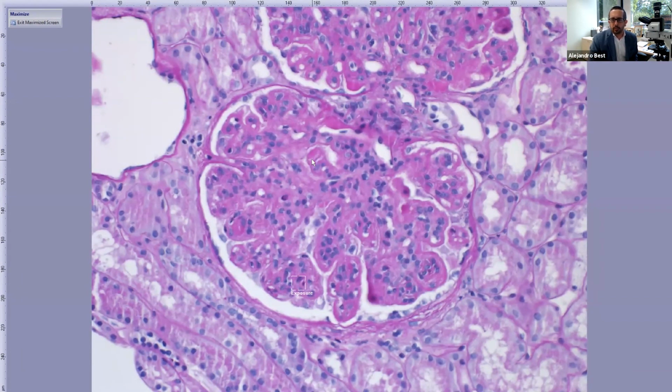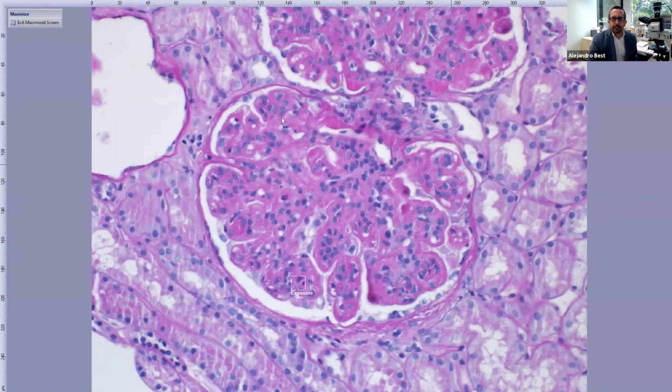Where are the capillary lumens? Well, there are some here, but in a lot of the segments of this glomerulus, you don't even see the lumen. What that means is that the lumen is completely packed with cells. In this case, it's mostly mononuclear cells, but we'll drive around and we may find other cell types within these capillary lumens.